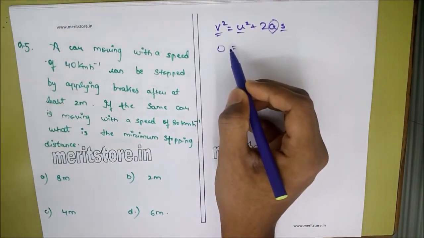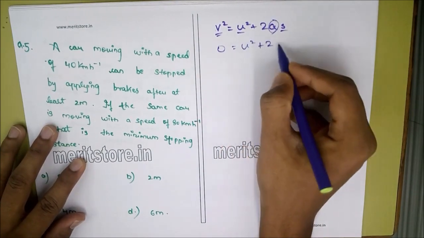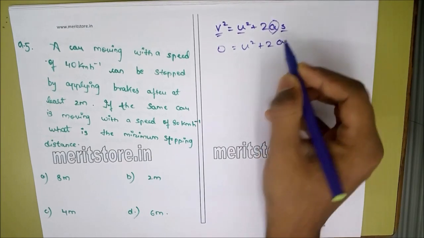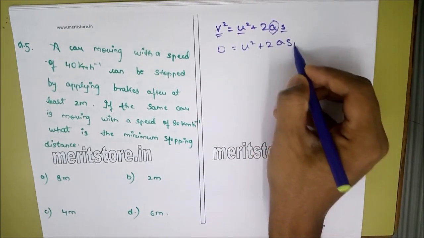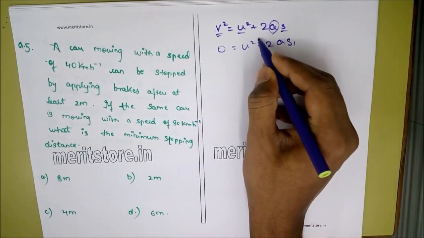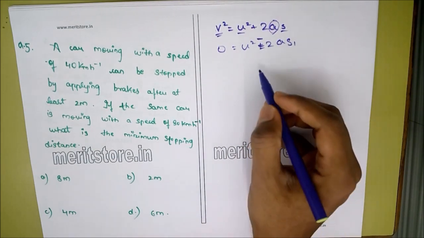Therefore 0 equals u square plus 2 times a into s1. However, since the car is coming to a rest, the acceleration would be negative and hence there would be a minus sign over here.